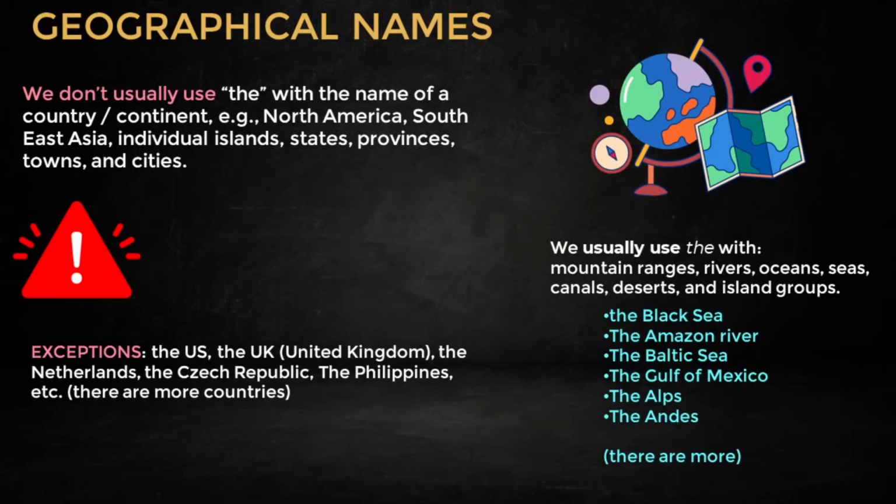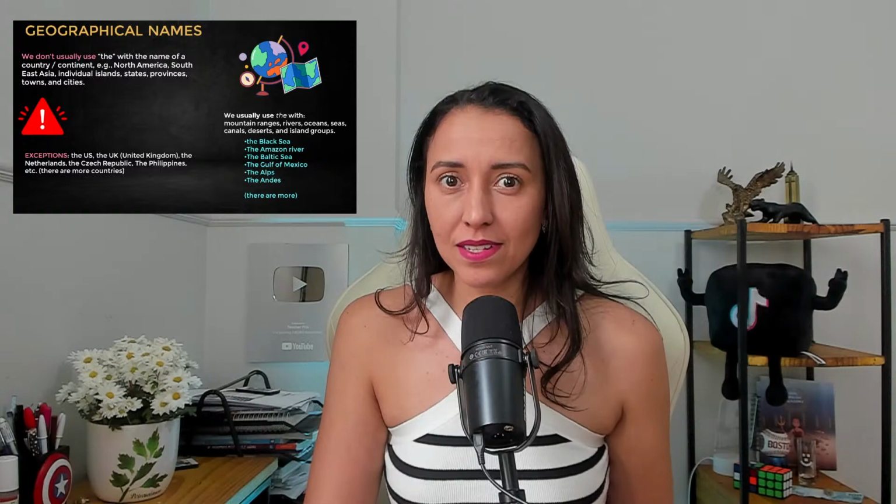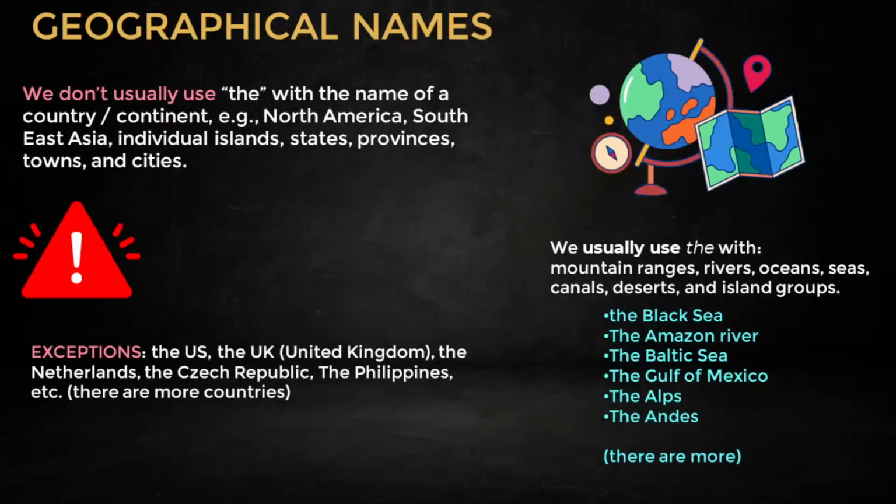Now, with the names of countries and continents, North America, Southeast Asia, Europe, we don't usually use the, okay? There may be exceptions, as I said before. We don't usually use the, but we would need to think of the context, okay?